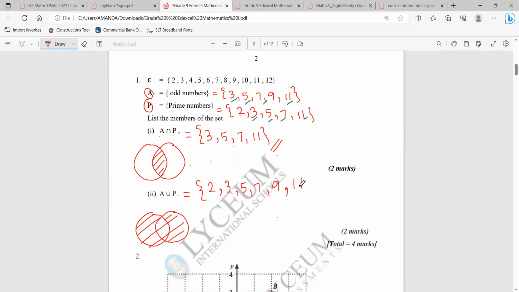Right, those are the ones. So 2, 3, 5, 7, 9, 11. So A union B is the answer. You can easily get 2 marks for this.